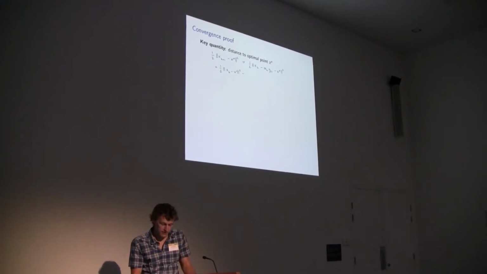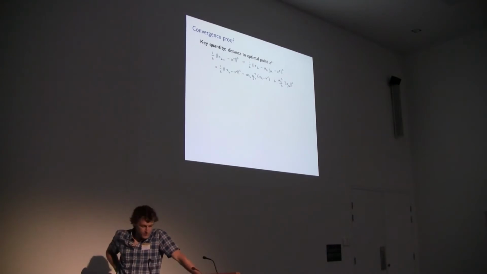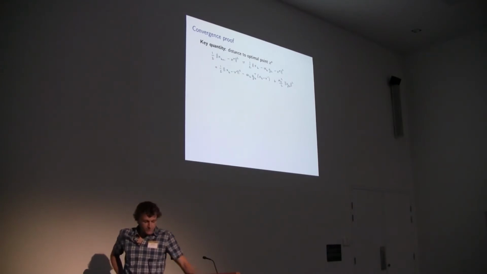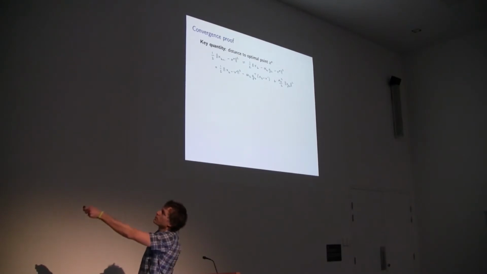Then I have this intermediate quantity, g_k transpose (x_k minus x star), and then I have this alpha_k squared ||g_k||squared. All right, and now, if I look at this, we've sort of shown that x_{k+1} minus x star is somehow related to this.